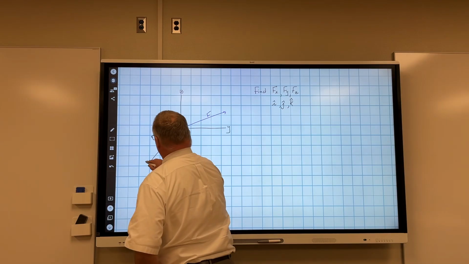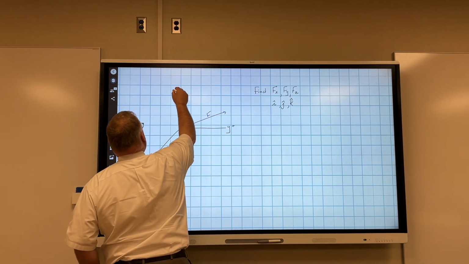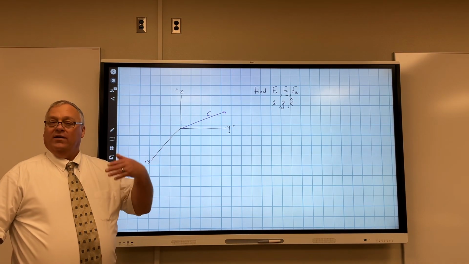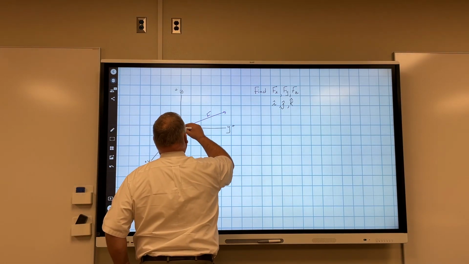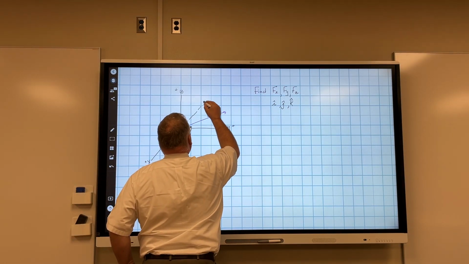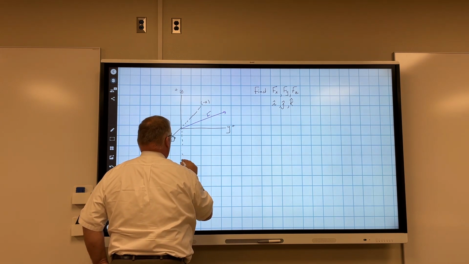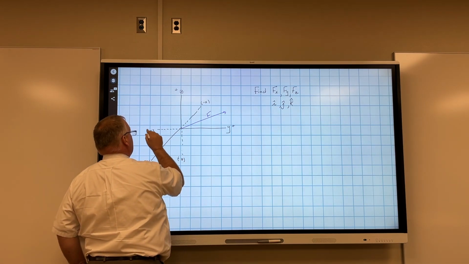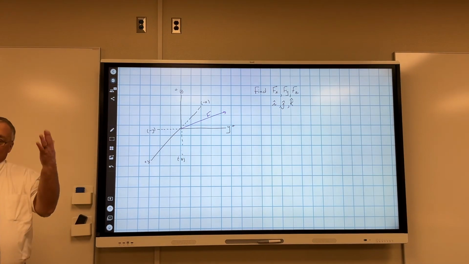This is going to be the positive X direction, the positive Y direction, and the positive Z direction. What can we presume that we know? This is the negative X direction. This is the negative Z direction. And this is the negative Y direction.